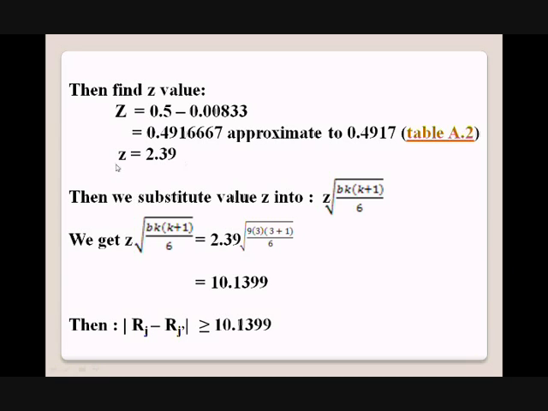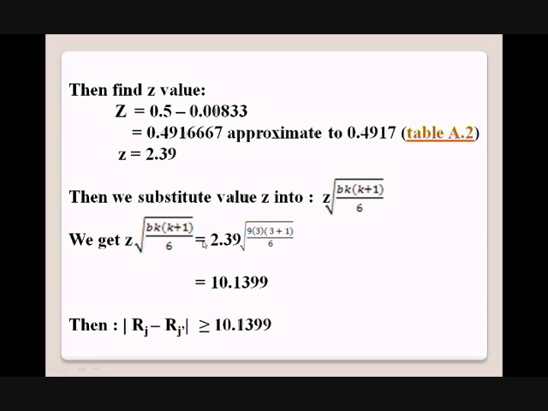After we get the value of z, we substitute it into the right hand side of the formula, that is z times the square root of bk(k+1)/6. We just substitute the information before into this formula, that is z equal to 2.39, b equal to 9, and k equal to 3.